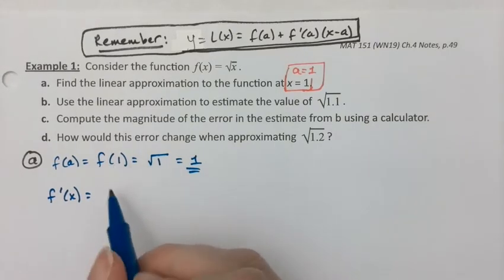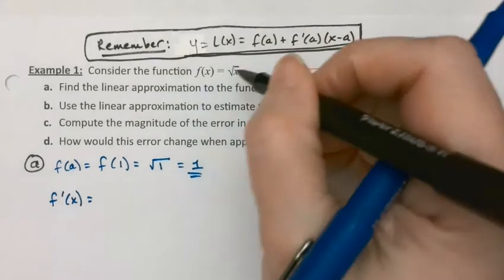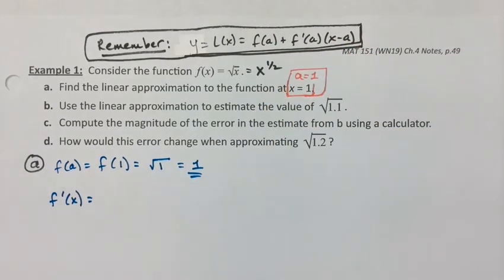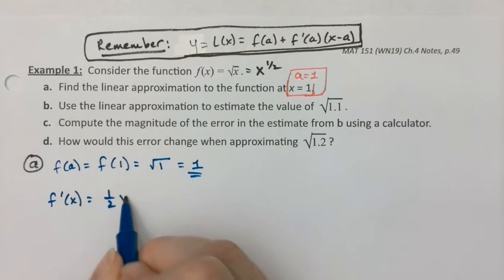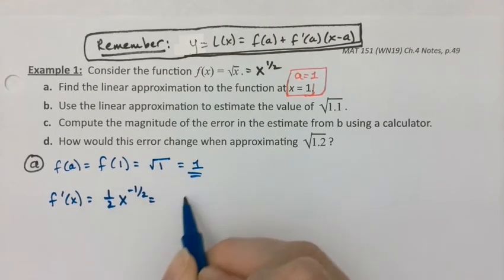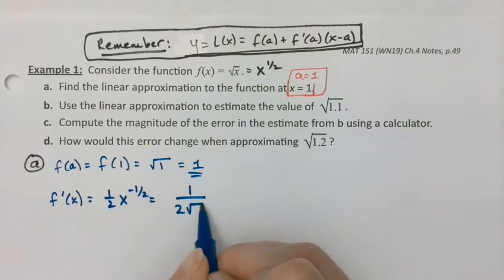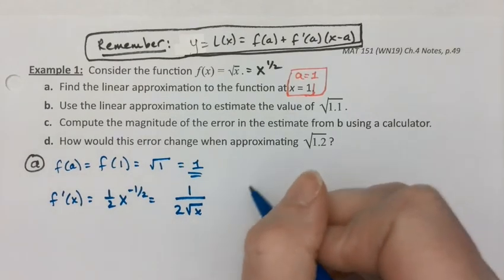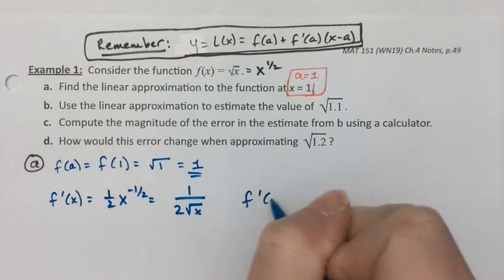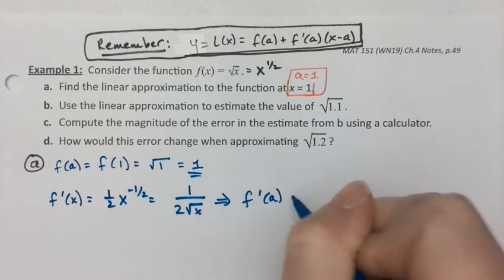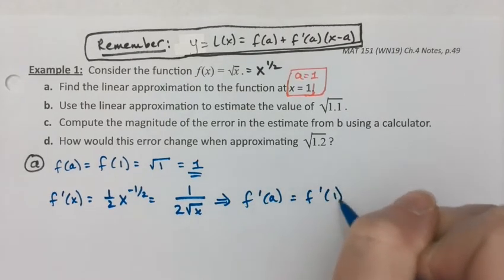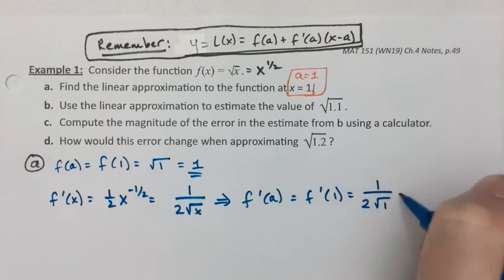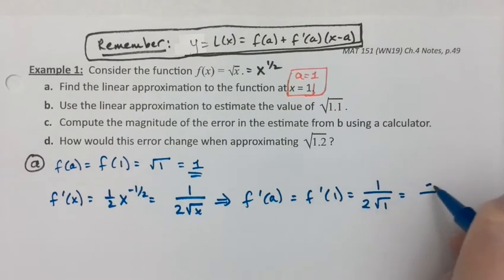So f prime of x would be, remember, this is x to the 1/2 power for my function. So f prime of x would be 1/2 x to the negative 1/2, also known as 1 over 2 square root of x. So that means that f prime of a would be f prime of 1, which would be 1 over 2 times the square root of 1, which is 1 over 2.